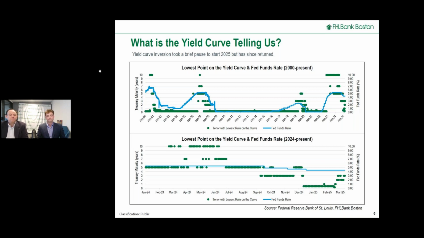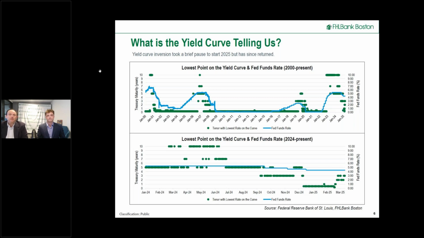This is interesting to us because I think, simply put, it can be a barometer of how optimistic or pessimistic the yield curve is for the future prospect of rates. So when we see longer tenors, 5, 10 years, be the lowest point on the yield curve, that's really peak bearishness in terms of interest rate expectations for where things are going.